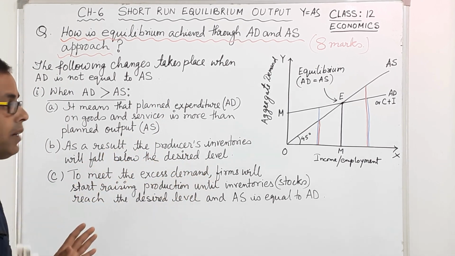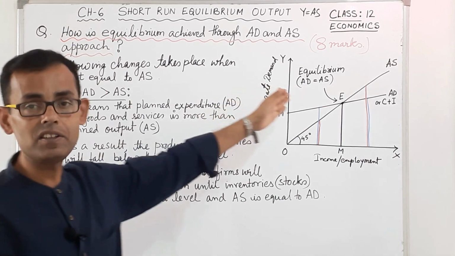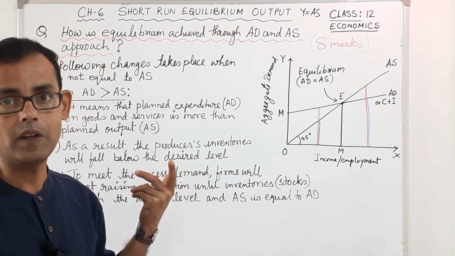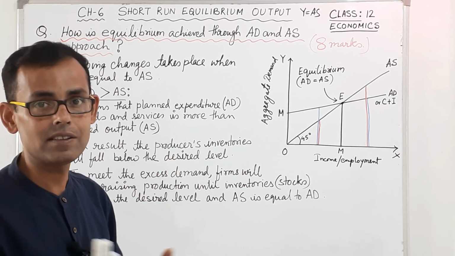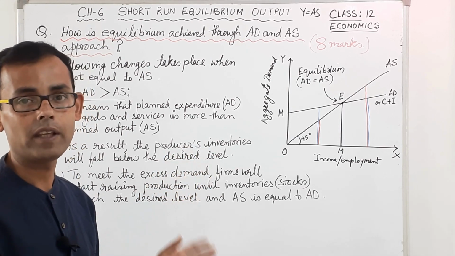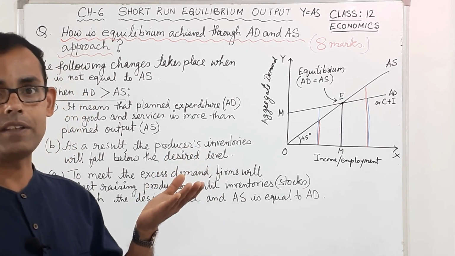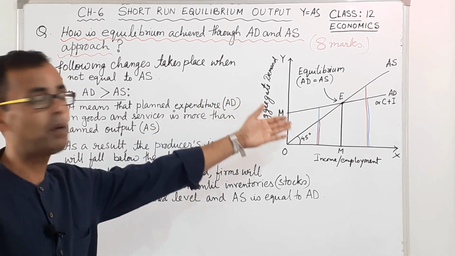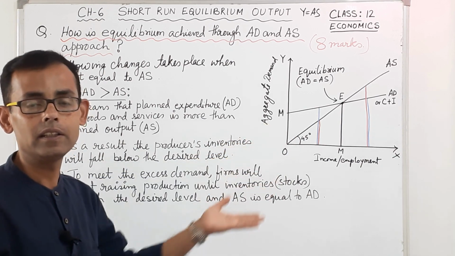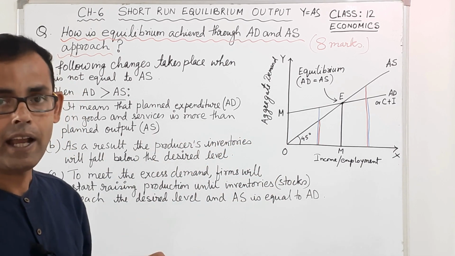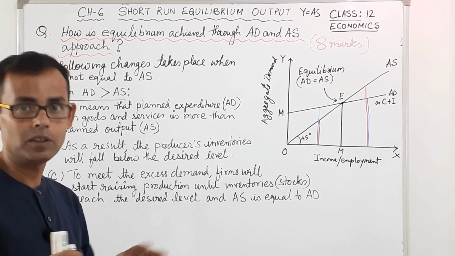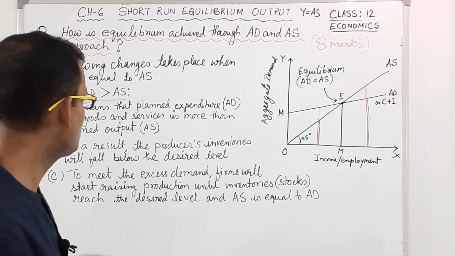Demand is more, supply is less, so obviously price will rise. You have studied in class 11 in the law of supply that if price rises, supply also rises. So when price rises, the producers will produce that product more.